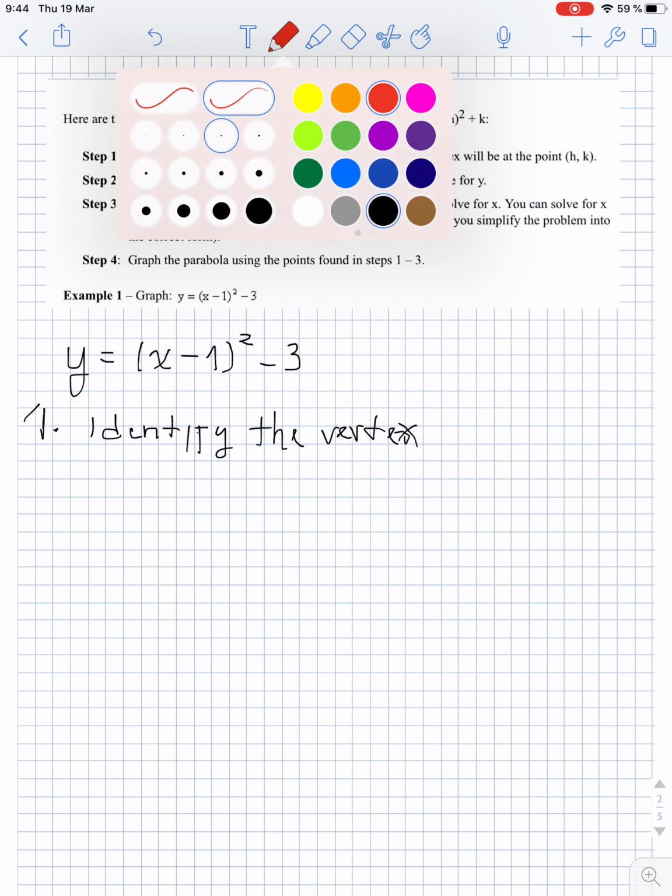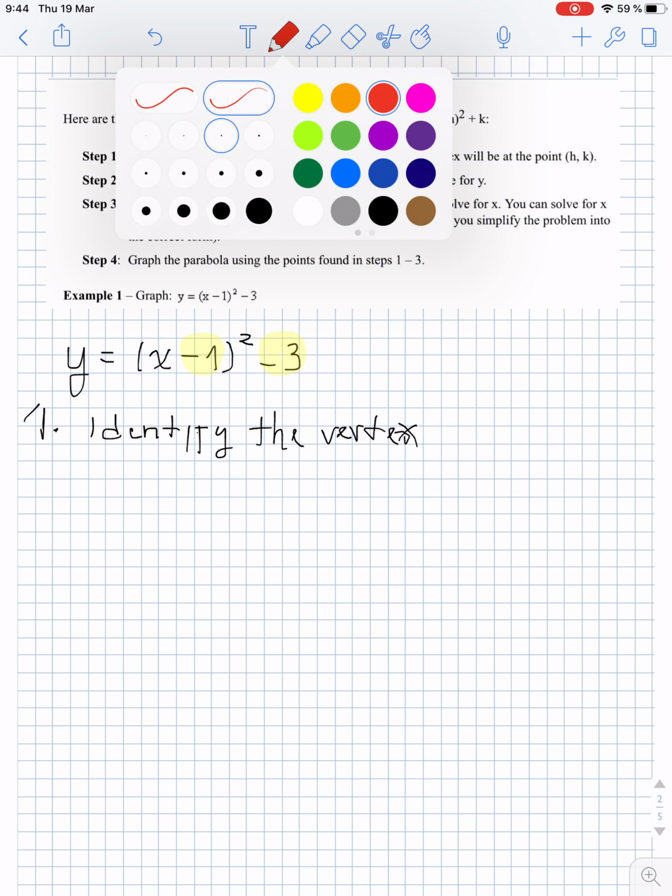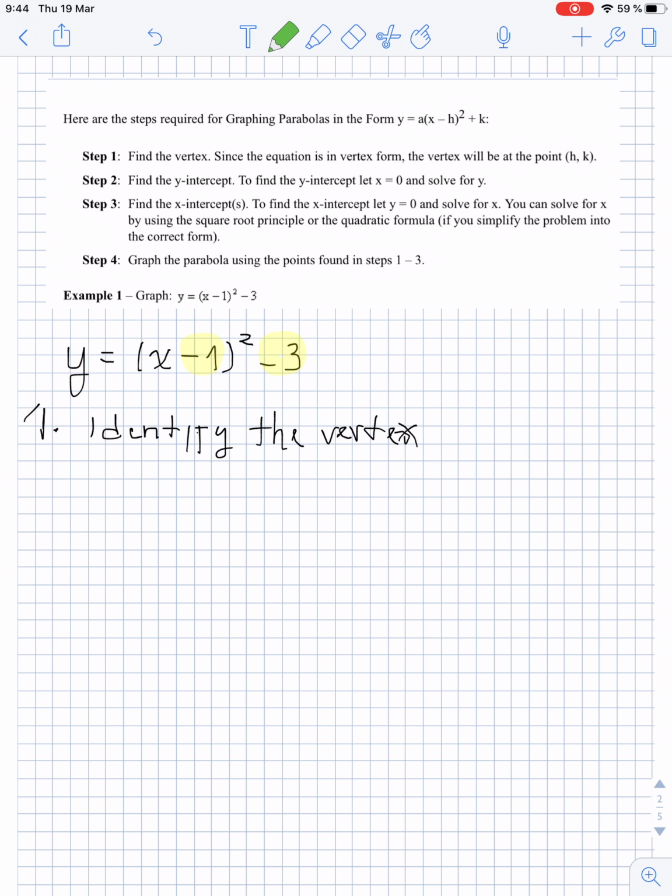In this expression, how can we identify the vertex? First, I'm going to outline the minus 1 and minus 3, and I'm going to teach you this.